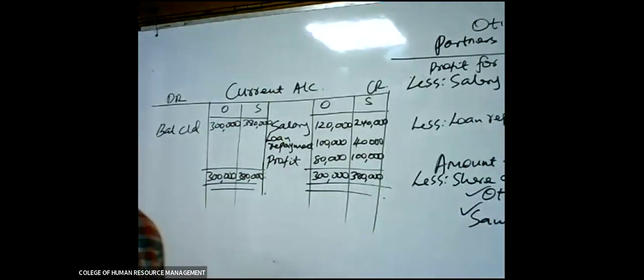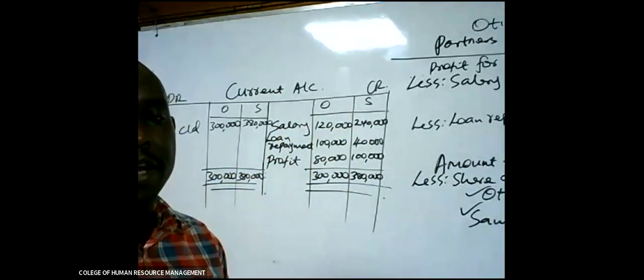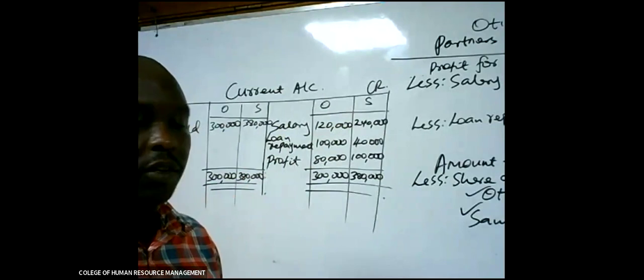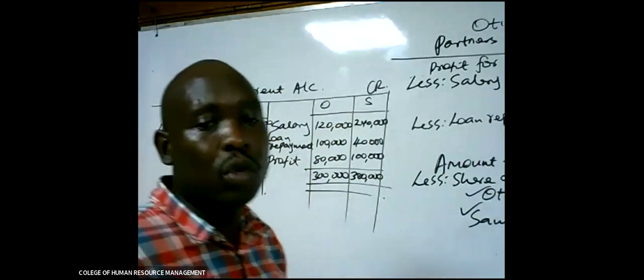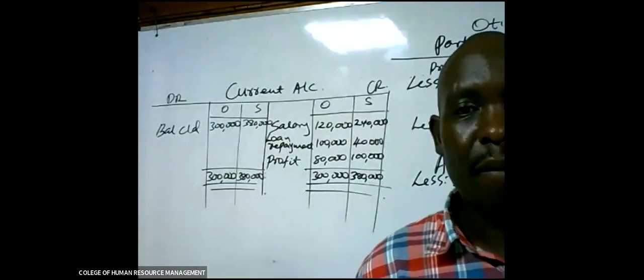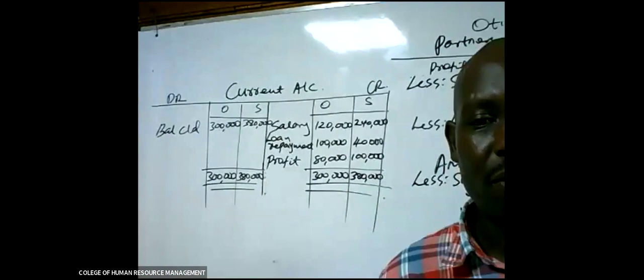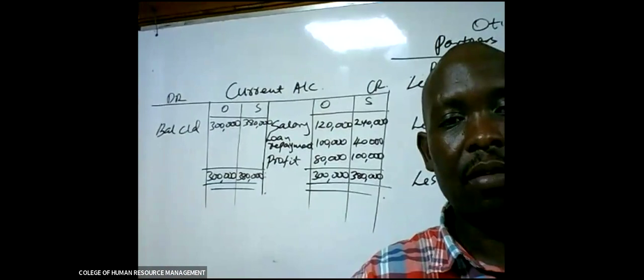That is how you earn your 10 marks. Current account: credit what the partners are benefiting or gaining from the partnership, then debit what the partners are supposed to return or refund to the business. That is all for that paper.